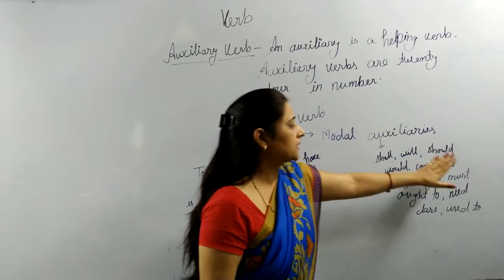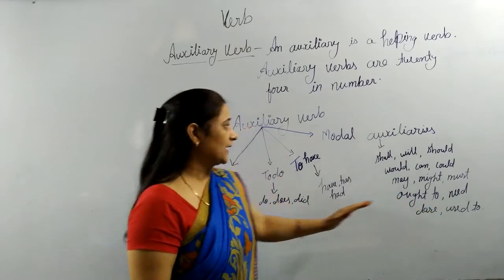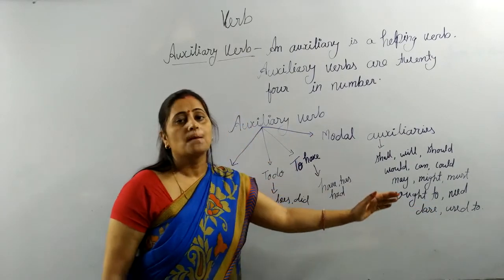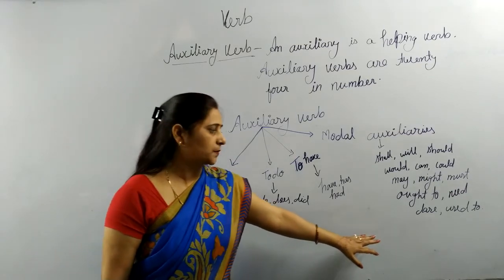So all these verbs are the 24 auxiliary verbs which I have explained right now.